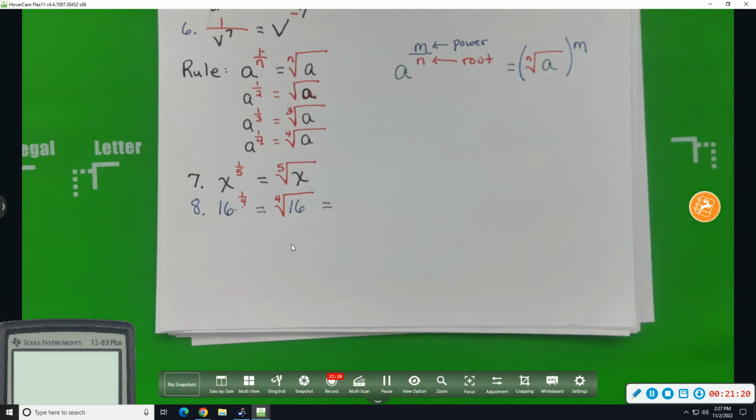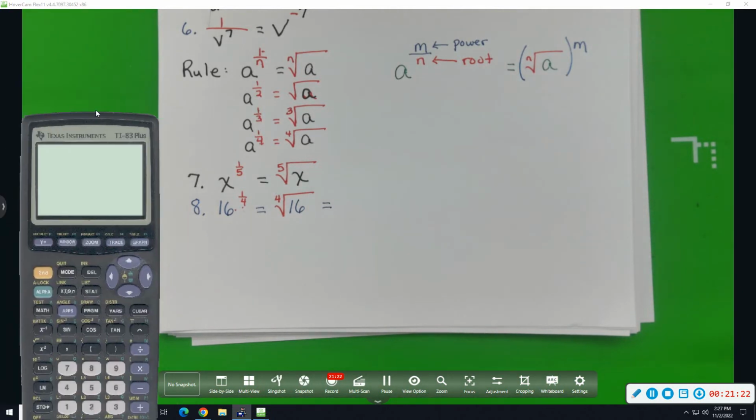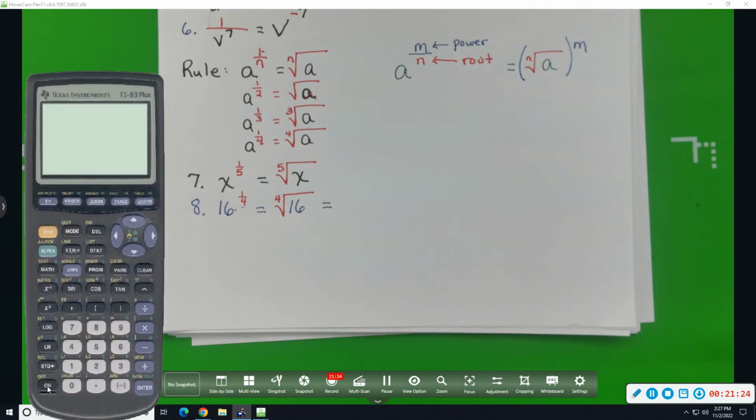What number to the 4th power equals 16? What did you say? No, I think 4 to the 4th. Let's see. 4 times 4 squared would give 16. I think it's smaller. What number could we multiply 4 of to get 16?